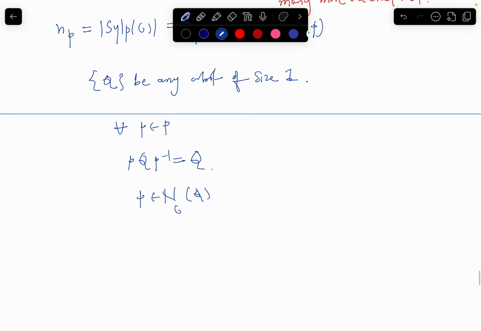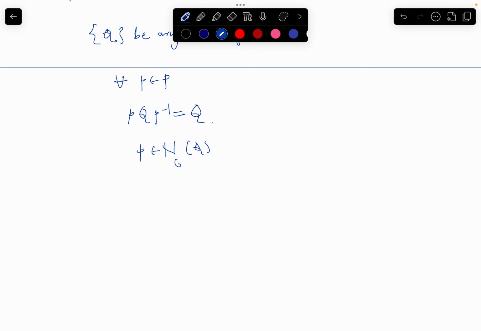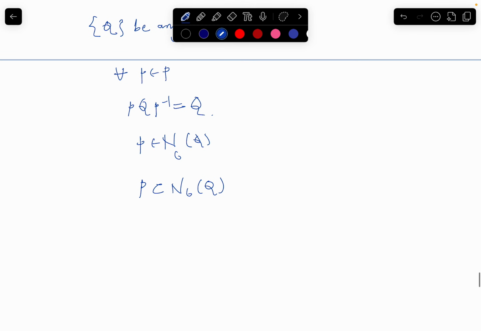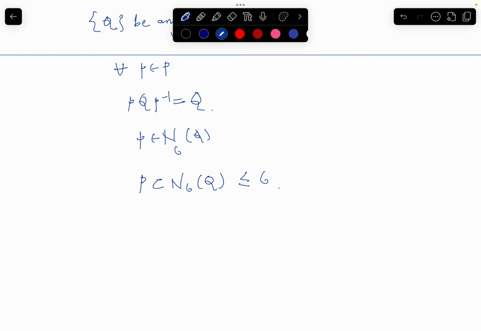So the normalizer itself is a group, and we can look at its Sylow P subgroups. What we can understand is the following: P is a subset of N_G(Q) and N_G(Q) is a subset of G. In fact, the same holds for Q. So the size of P is less than or equal to the size of N_G(Q), which is less than or equal to the size of G. The size of G is p power a times m and the size of P is p power a.